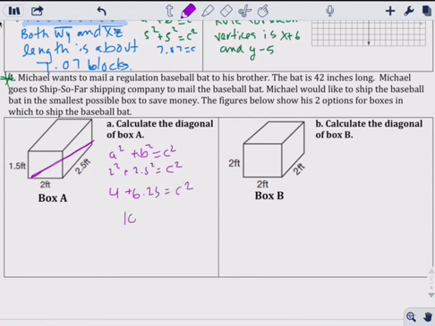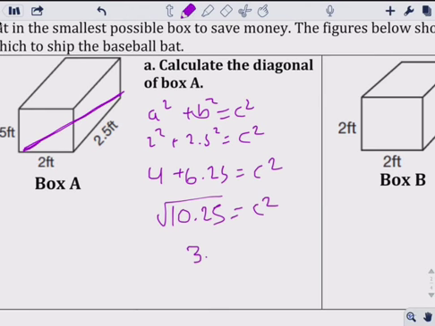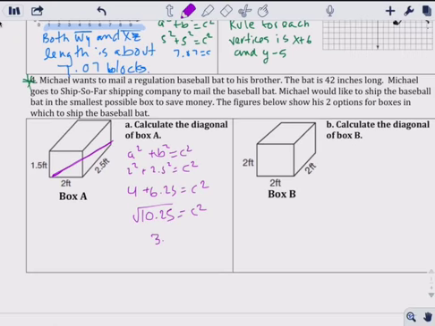Add them together, you get 10.25, square root. It's very close to 9, so it's 3 point something for that. And then you need, I don't have the answer, you guys, but I know one of these worked.